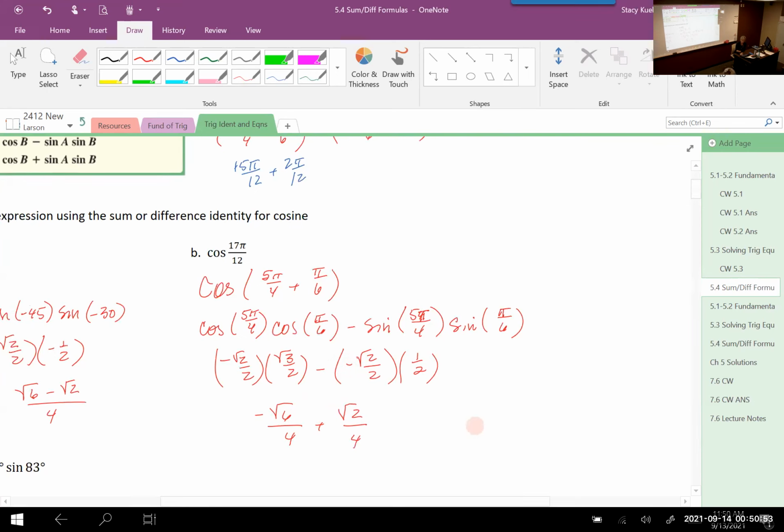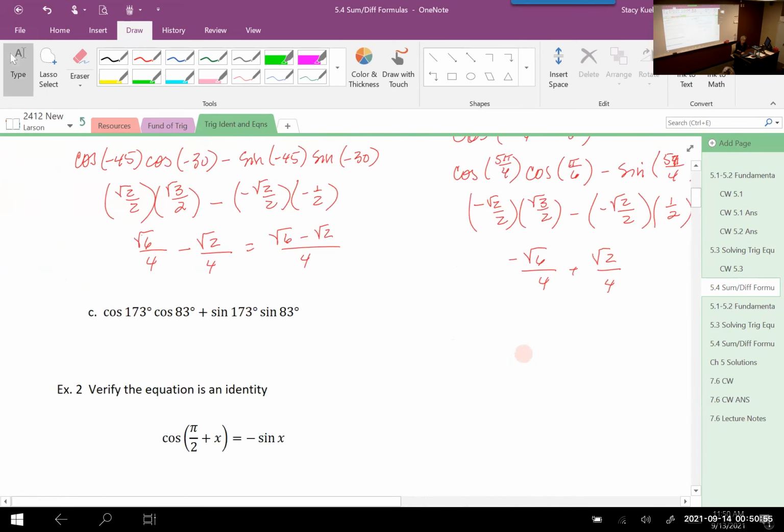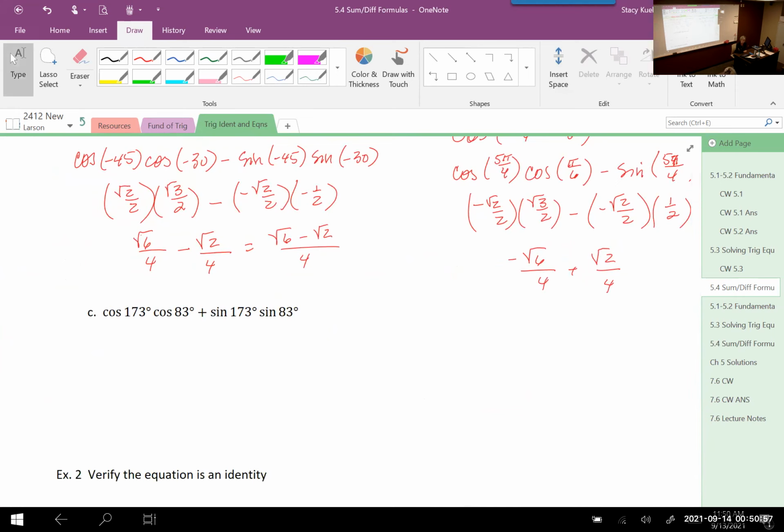Let's go backwards. Let's look at this one right here. Cosine 173 times cosine 83 plus sine 173 sine 83. Those numbers I don't know off of the unit circle, but I recognize that I've got the cosine of one angle times the cosine of another angle plus the sine of that first angle times the sine of the second angle.